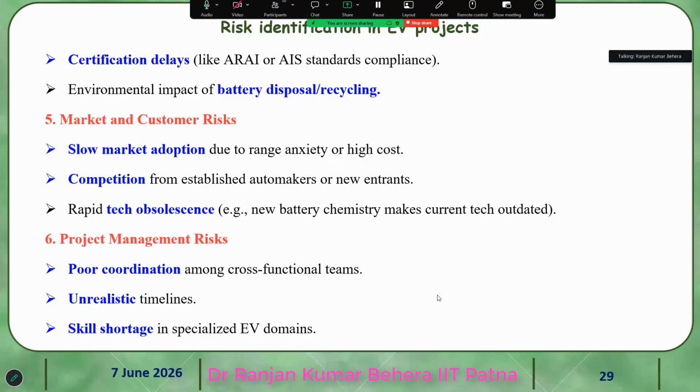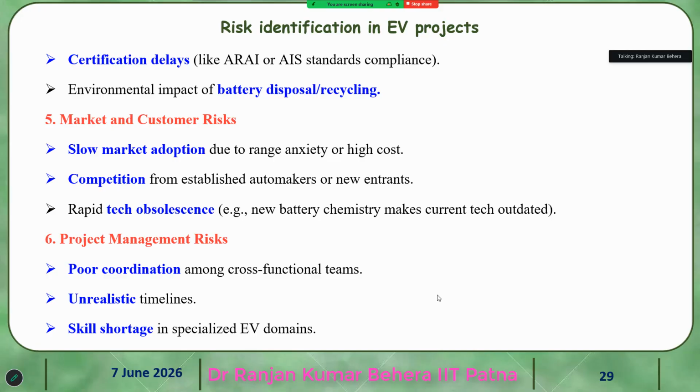Then project management risks are poor coordination among cross-functional teams. For example, you have a technical team, management team, implementation team, testing team, and then a standardization team. If these five or six teams are not properly coordinating, then the project will take more time and there is a lot of risk.